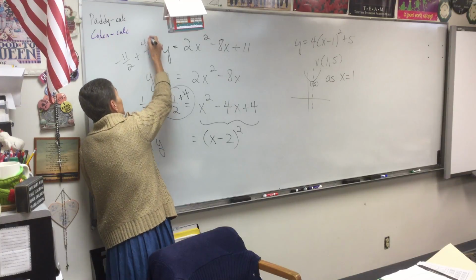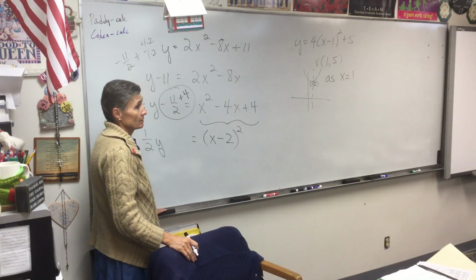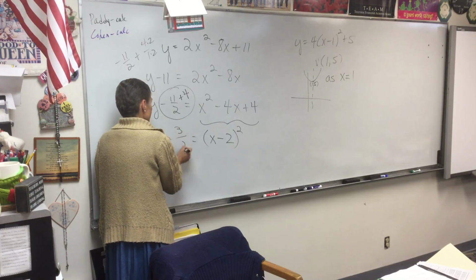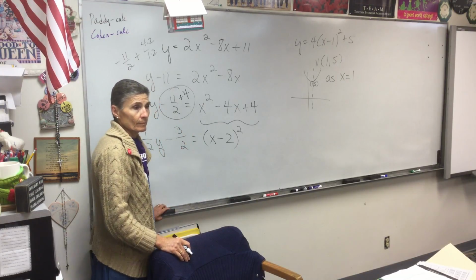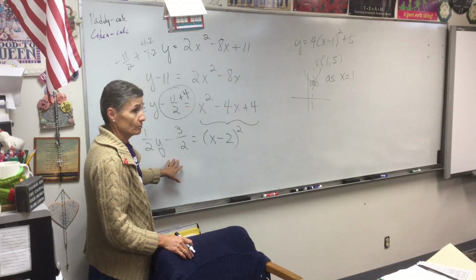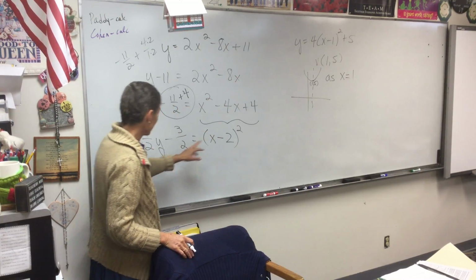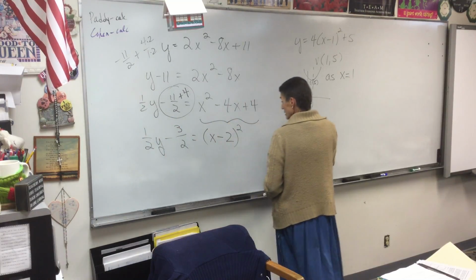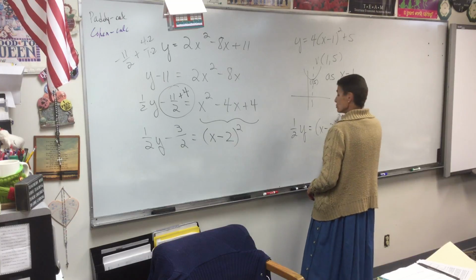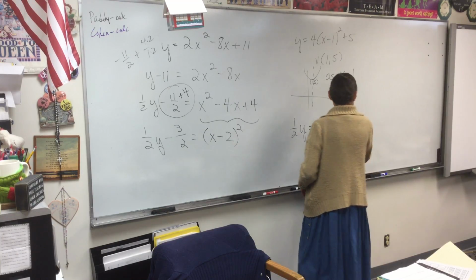So we'll get a common denominator, and we get negative 3 halves. Now we're getting closer to that. What do we need to do? Add the 3 halves to the other side. So 1/2 y equals x minus 2 squared plus 3 halves.